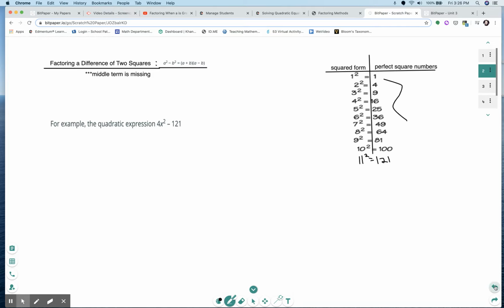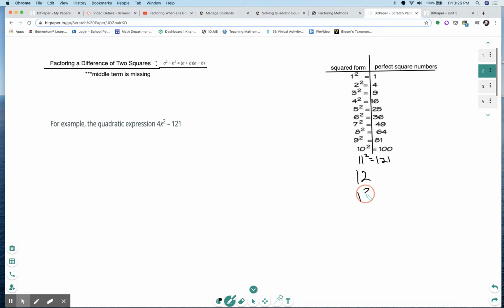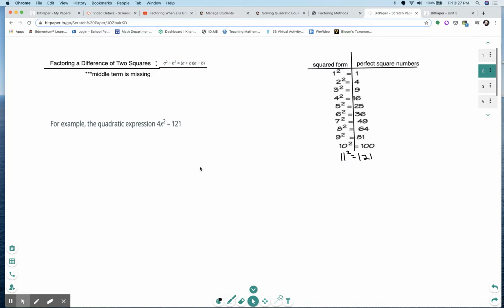If you're not real familiar with these, if you can't just look at a number and say that's a perfect square, then write them down. I would write all the way up to 13, because you would usually see numbers that high. I'm going to go up to 11 just because that's what we have here. But have these in your notes somewhere, handy, so you can use them for different problems throughout the class.